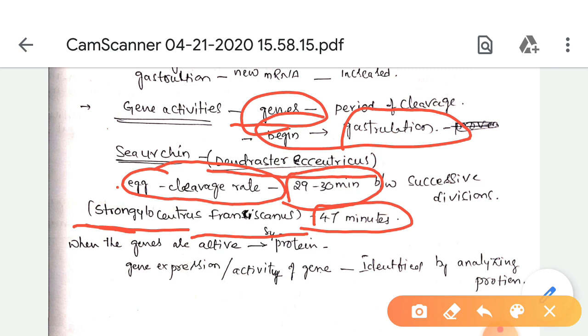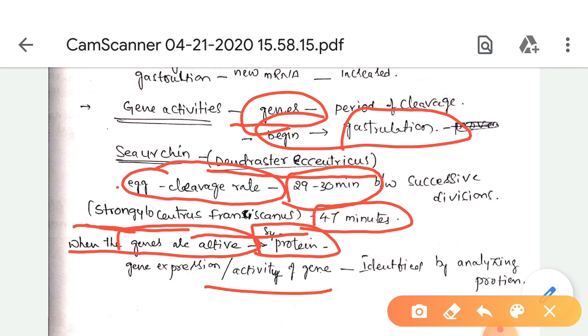When the genes are active, they synthesize protein, so the gene expression or activity of a gene can be identified only by analyzing the protein.